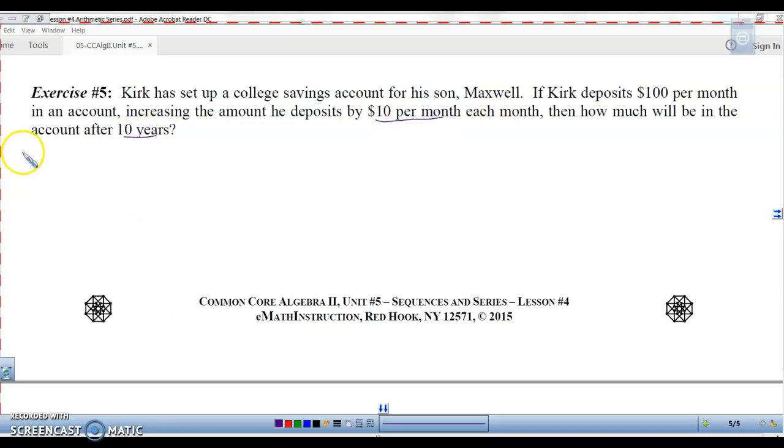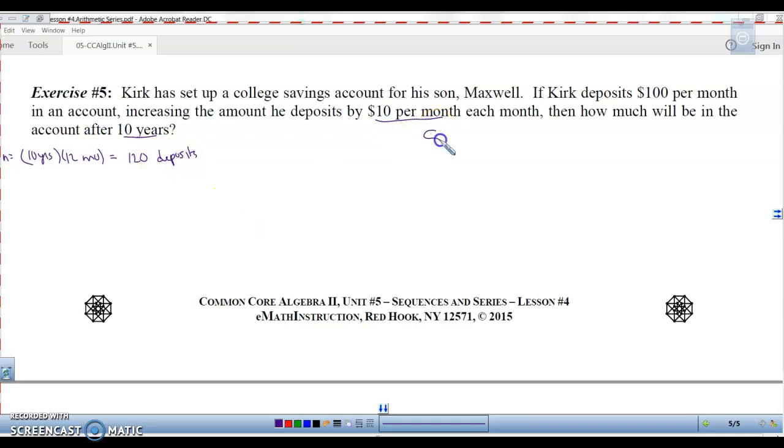If he deposits monthly for 10 years, how many months is that? That would be 10 years times 12 months a year. So that means he's going to have 120 deposits overall.